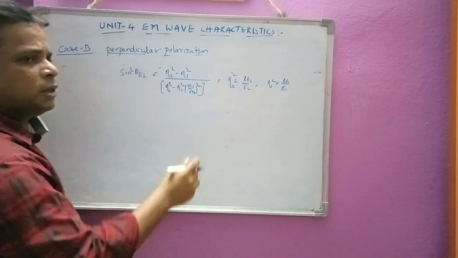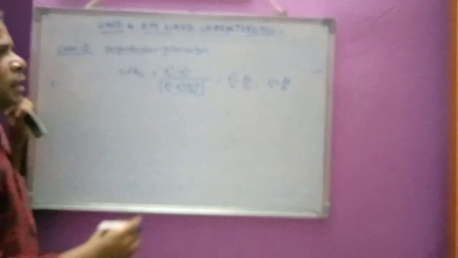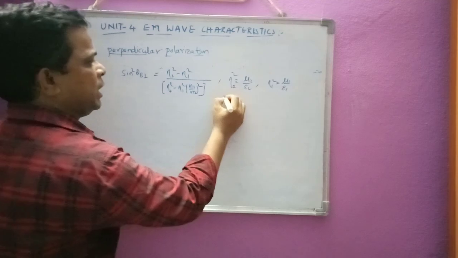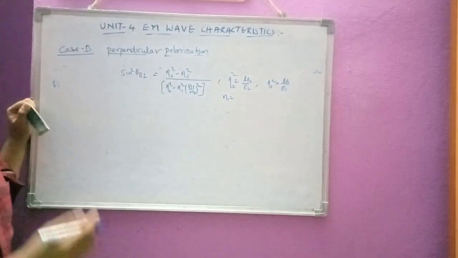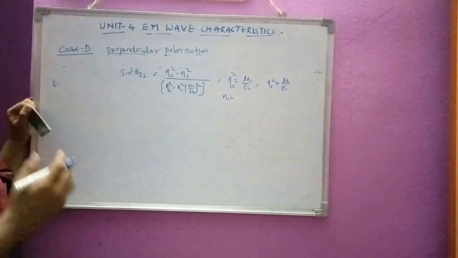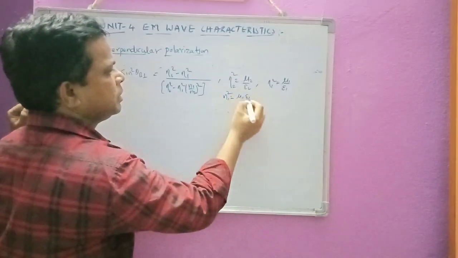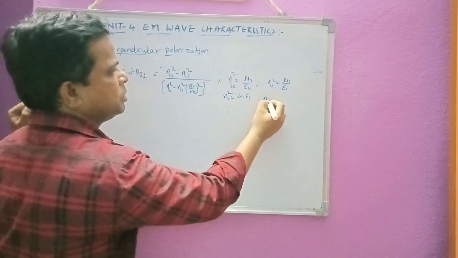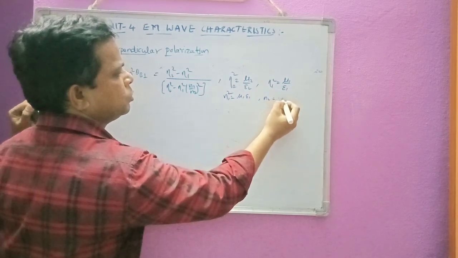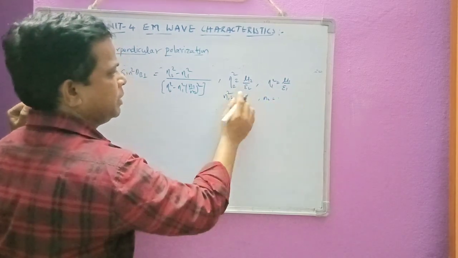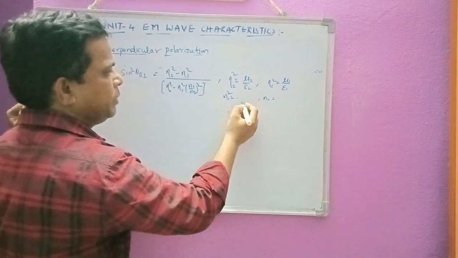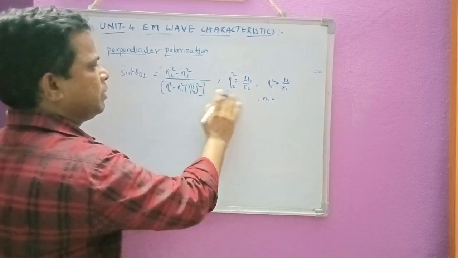Because eta is equal to the square root of mu by epsilon. Now similarly n1 is equal to the square root of mu 1 epsilon 1, and n2 is equal to the square root of mu 2 epsilon 2, so 1 by, okay. So these are the refractive indices.